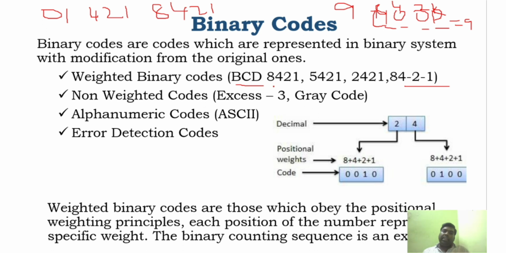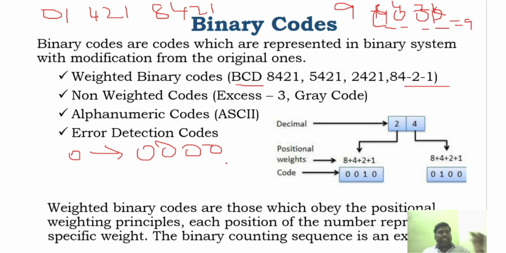What are non-weighted codes? Non-weighted codes means each bit will not correspond to a weight. It will not obey the positional weighting principle. For example, normally 0 will be represented as 0 0 0 0 in binary, right? Even in 8421 code, you will represent 0 as 0 0 0 0.